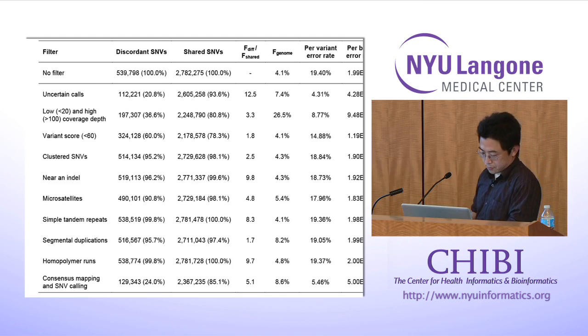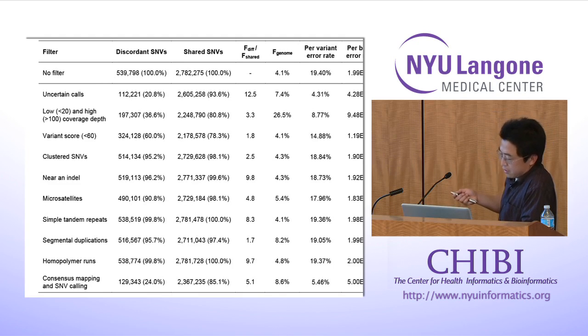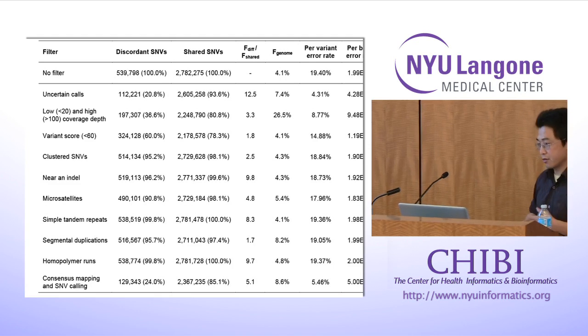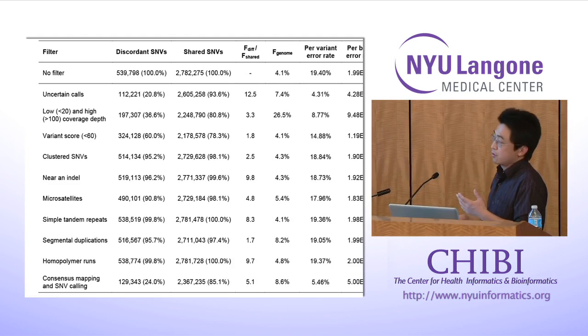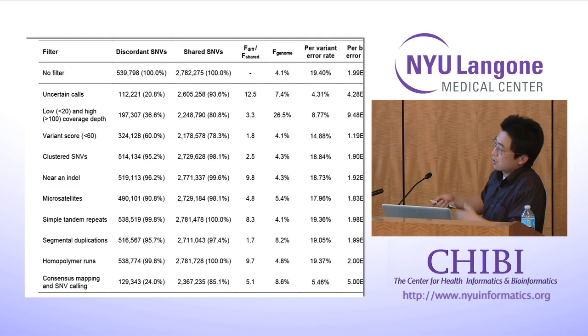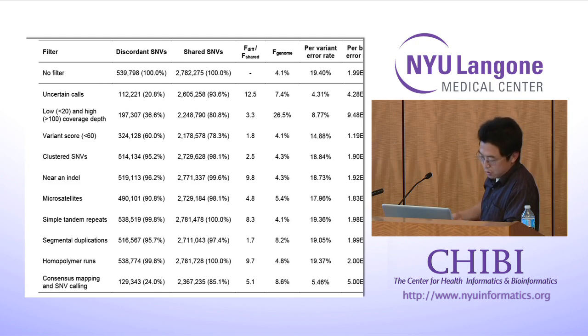And basically, these are the major filters that people used. When you look at the literature, you will see people arbitrarily pick one or two, three or four, at most four of these filters for their variant call.